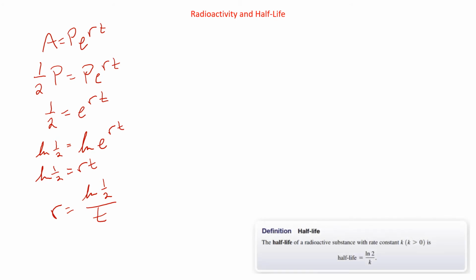But our definition of half-life, here they solve for t because the half-life is t. It's natural log of 1/2 over that rate, which they just use the variable k instead of r. But then the problems are done the same way as any continuously compounded problem is.